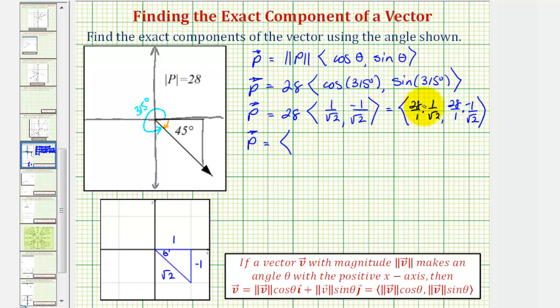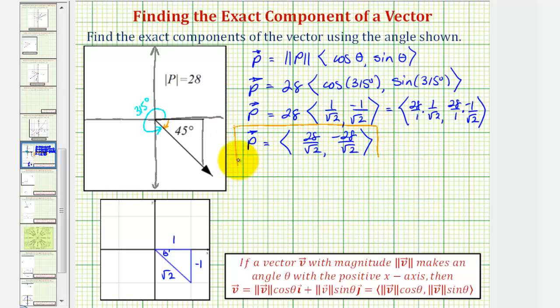So the x-component would be 28 divided by square root 2, and the y-component would be negative 28 divided by square root 2. So this would be vector p in component form.